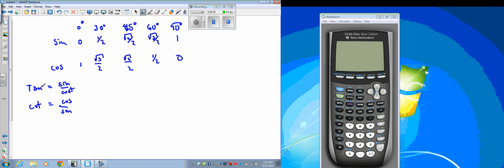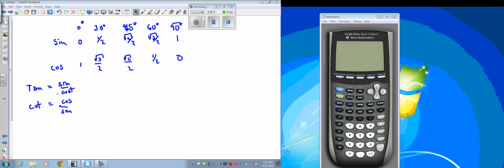Well, tangent, if you go back to the coordinate thing, the sine was y over r, the cosine was x over r. So then the tangent was y over x. If you take the sine, which is y over r, over the cosine, which is x over r, you invert that, then it's y over x.